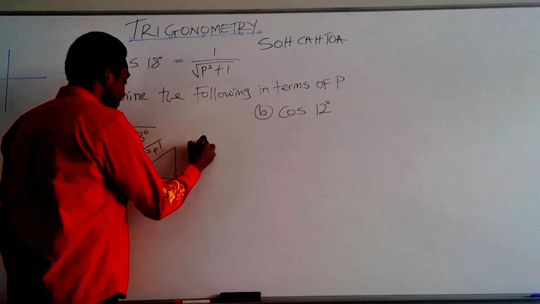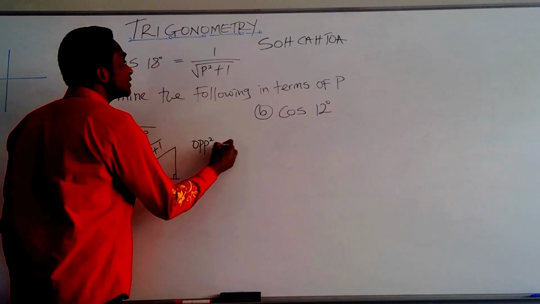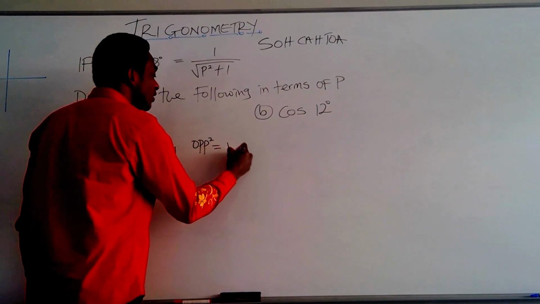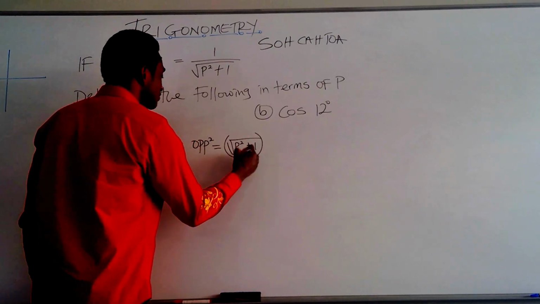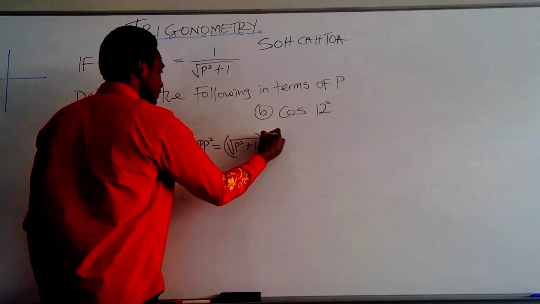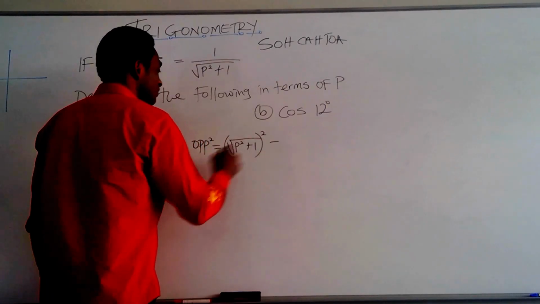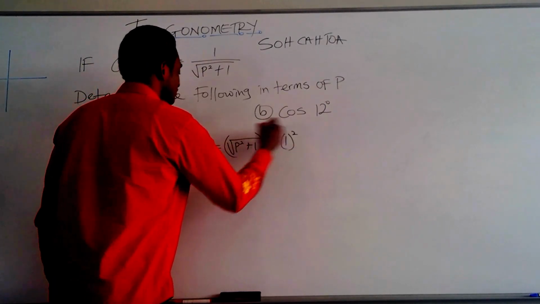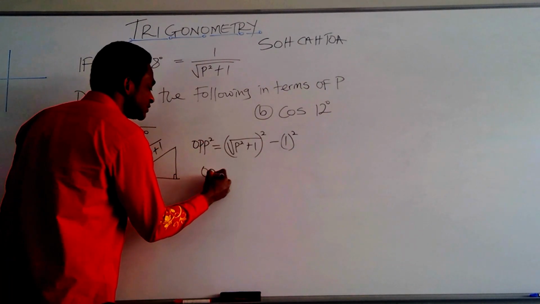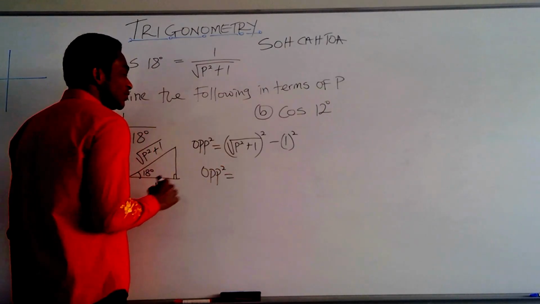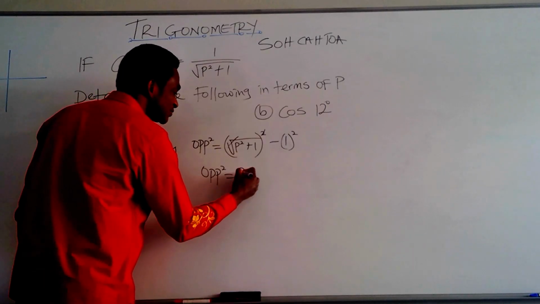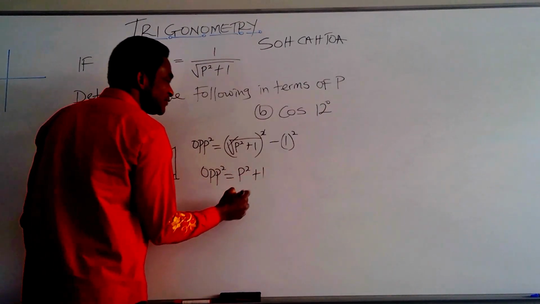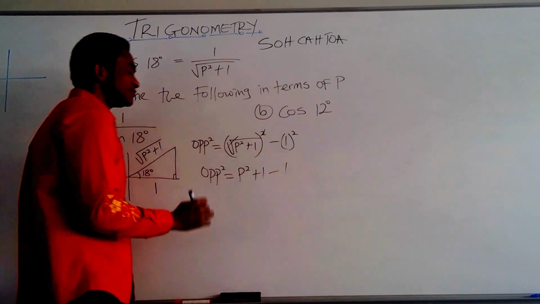Using Pythagoras, opposite squared will give us hypotenuse all squared, so we have p squared plus 1 all squared, minus the adjacent all squared. So our opposite squared will be, the root will be cancelled by the square, we have p squared plus 1 minus 1.